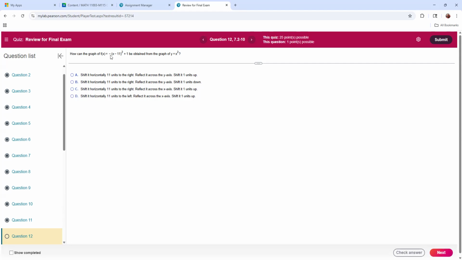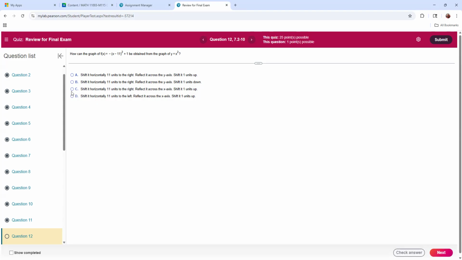So next question. What's that negative in the very front doing? The negative. Well, y'all, back then when we were doing these, if it had a negative in the very front, it was reflecting me across the x-axis. Only the x-axis at this point, okay? Actually, we never even reflected nothing across the y-axis. It was only the x-axis. So we went 11 units right, reflected across the x-axis.